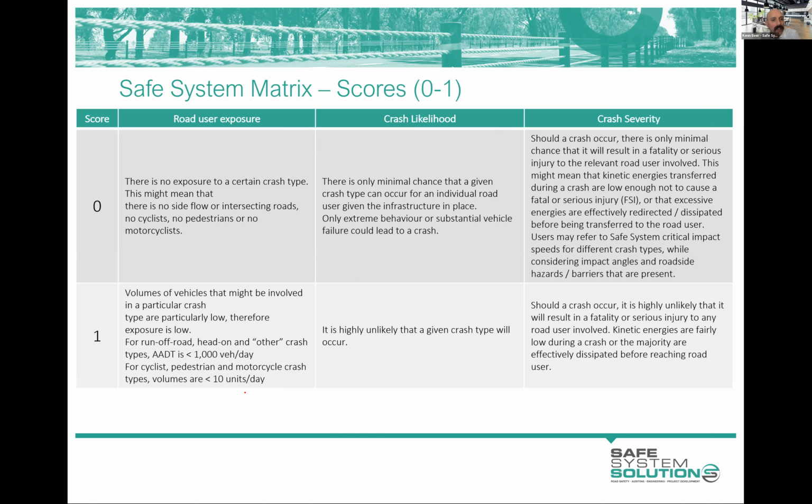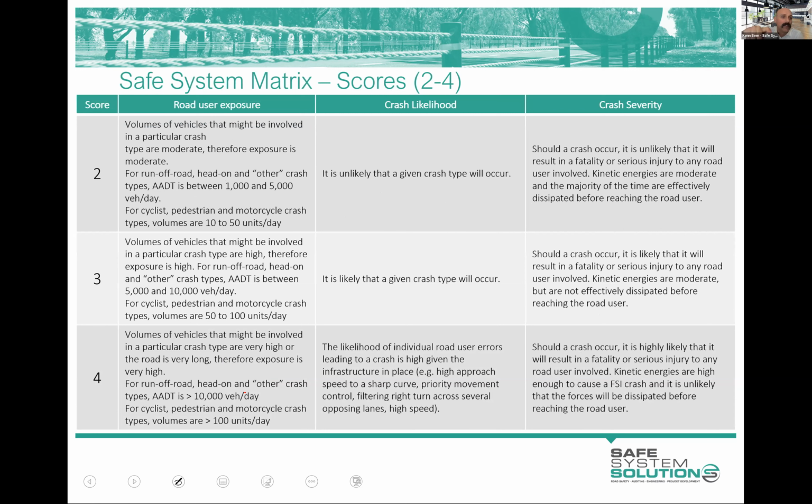Let's go up a bit further. What are we talking about for a 2? The volume of vehicles in the crash type is moderate, between 1,000 and 5,000, and between 10 and 50 for pedestrians, cyclists, and motorcyclists. What's a 3? Between 5,000 and 10,000, and a 4 is above 10,000 vehicles a day.